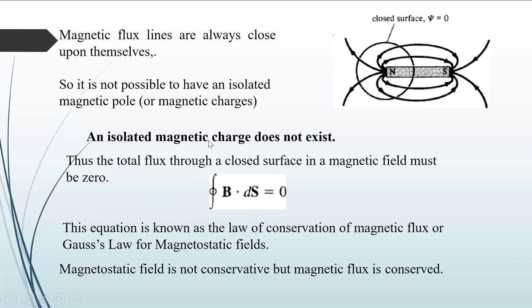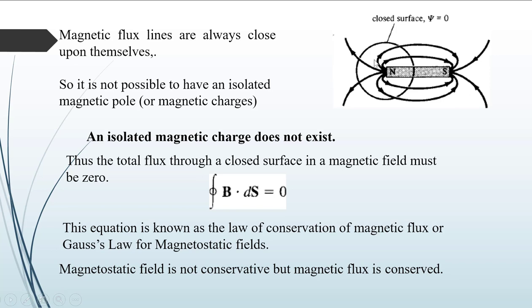This means an isolated magnetic charge does not exist. So for the total flux crossing a closed surface, if this circle is a closed surface, whatever flux lines are going outside the closed surface is equal to the flux lines coming inside the surface.